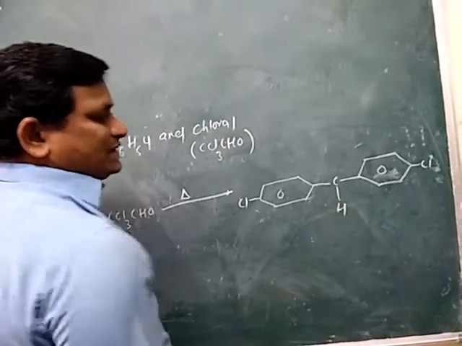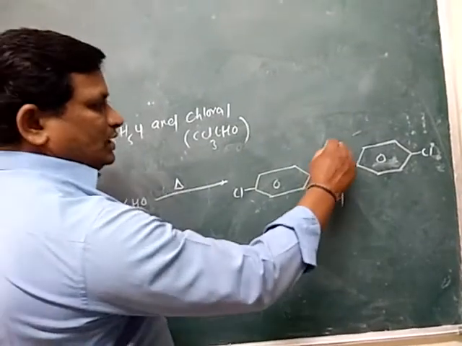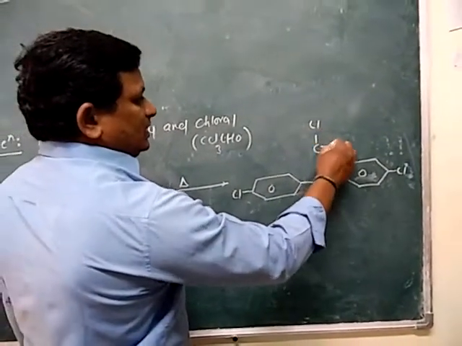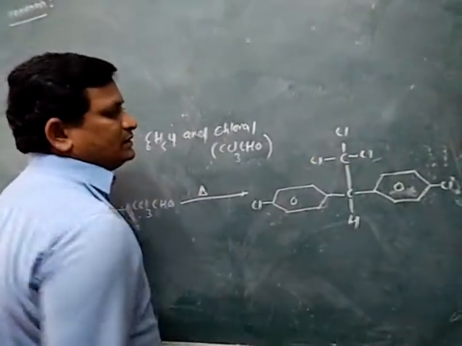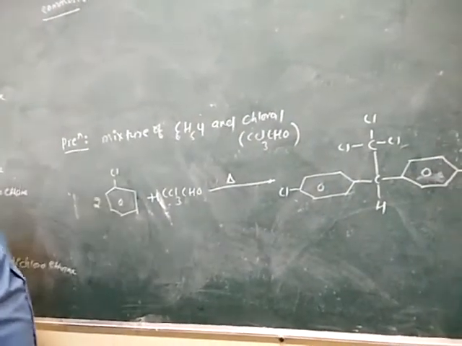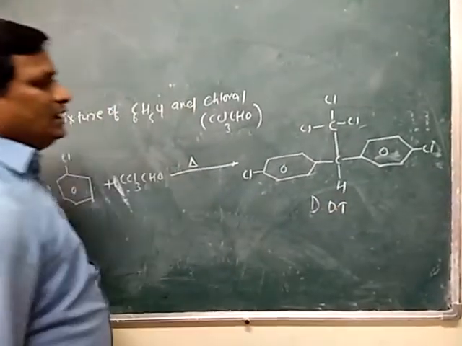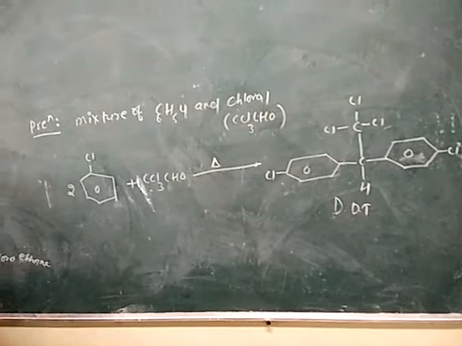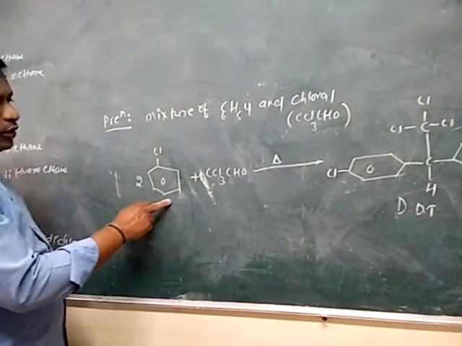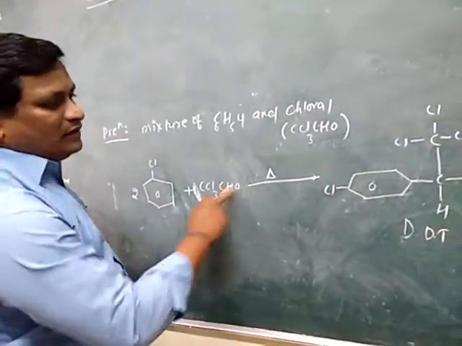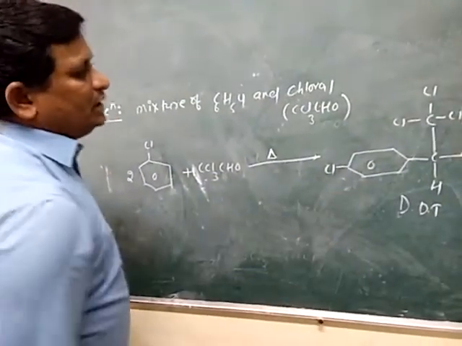Carbon valency is tetravalent: 1, 2, 3 and 4. The second carbon has Cl, Cl and Cl. So this is DDT, prepared from chlorobenzene treated with chloral. On strong heating of this mixture, it gives the DDT.